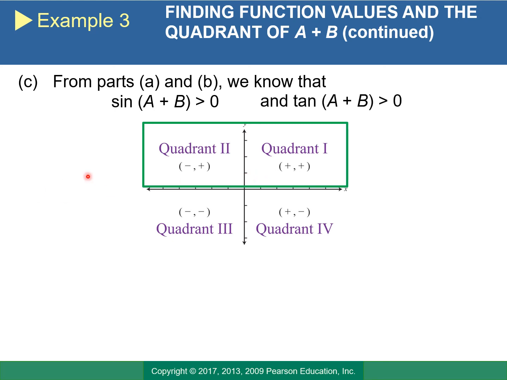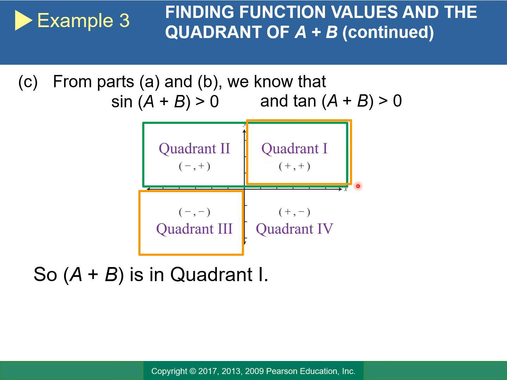We also know from part B that tangent was positive. And tangent is, think y over x. Tangent is positive in quadrants 1 and 3. And so where this is going to overlap, the only place it could be is in quadrant 1. So the angle A plus B lies in quadrant 1.